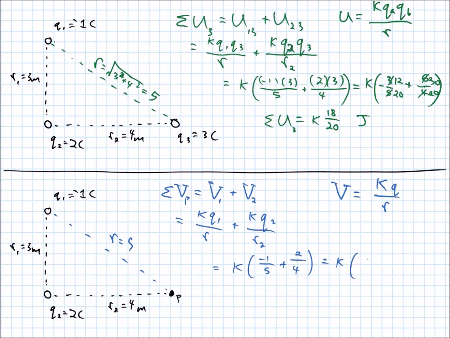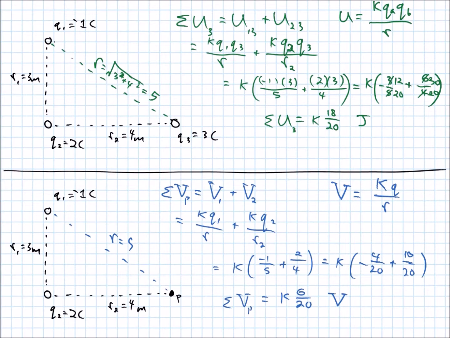That's negative 4/20 plus 10/20. And so we get that the total electric potential at point P is equal to 6/20 of k, and that's in volts.